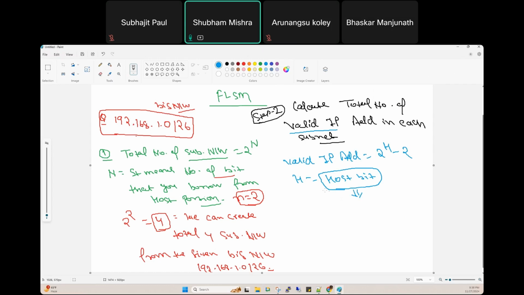Don't confuse: host bits doesn't mean the complete host bits. No, host bits means the remaining host bits available in the host portion. Getting my point, everyone? Now tell me one thing.